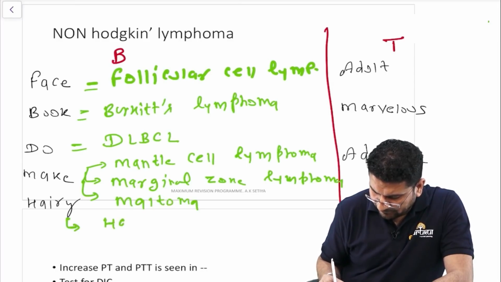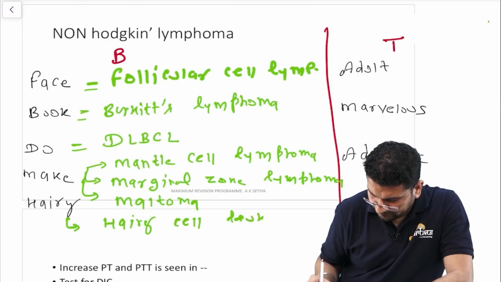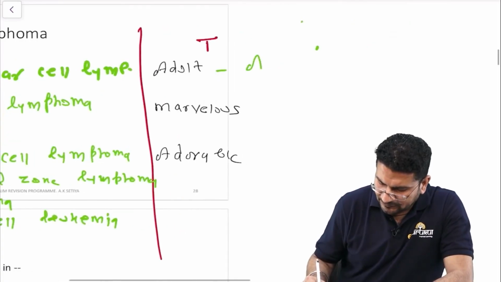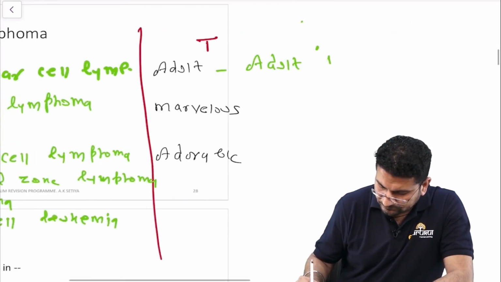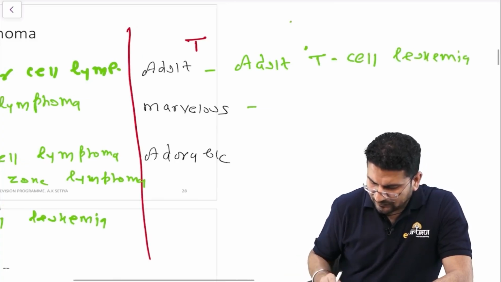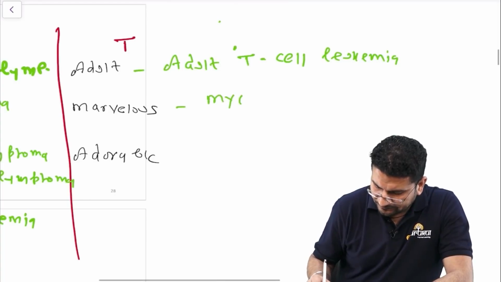Hairy will be hairy cell leukemia. Adult means adult T cell leukemia. Marvelous is mycosis fungoides.